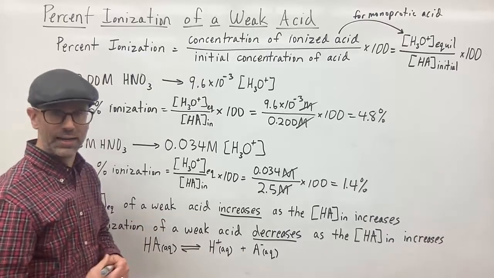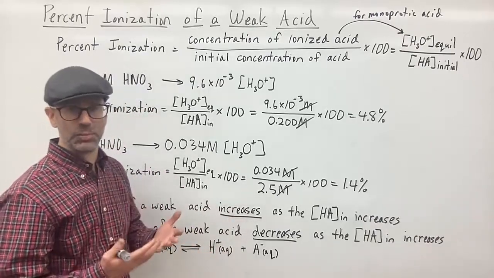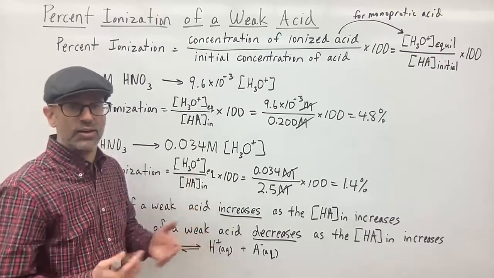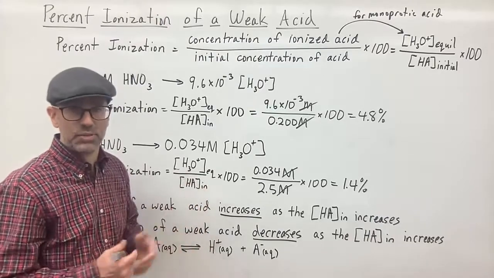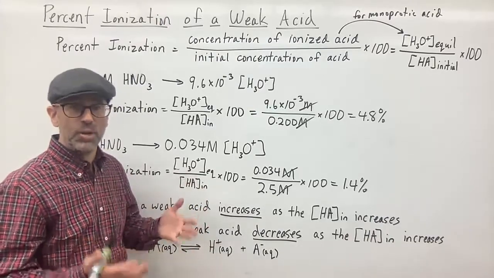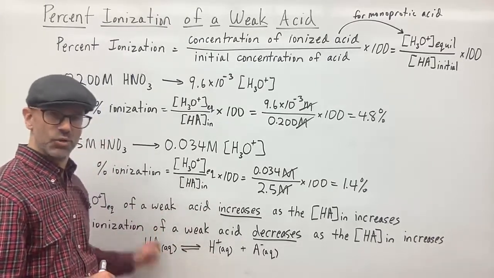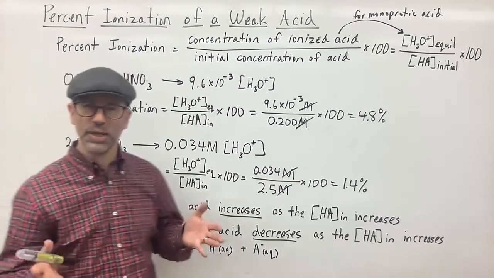So your ionization percentage will go down, even though your H plus concentration is going to go up because you just have more acid. Having more acid logically makes the H plus go up, but the percentage is not going to be the same because it's going to shift towards keeping more of the HA. Okay, so I hope that was helpful.